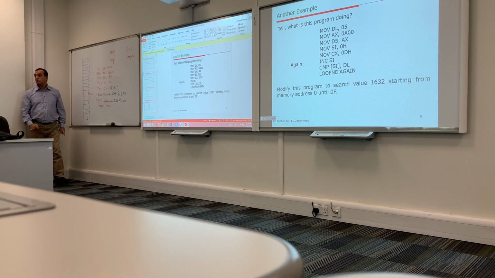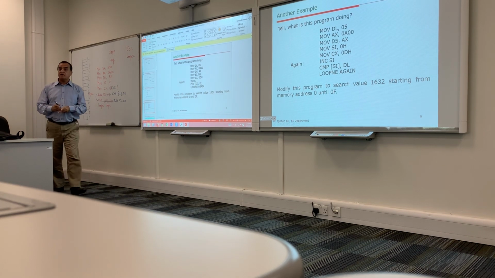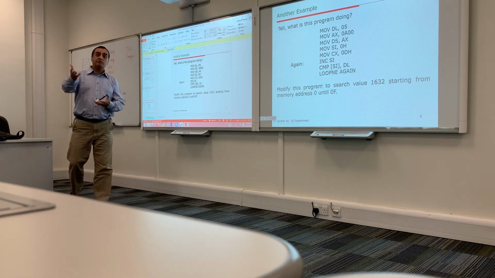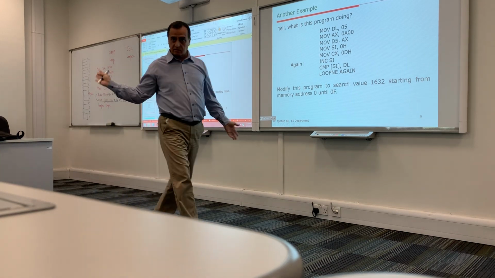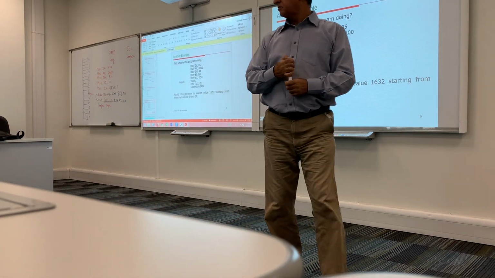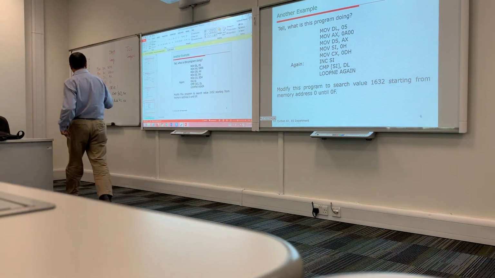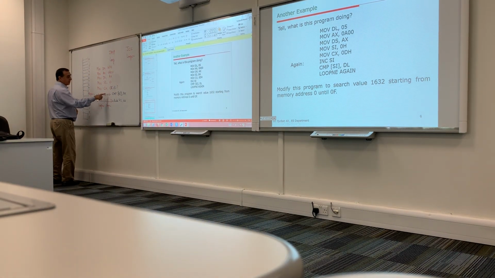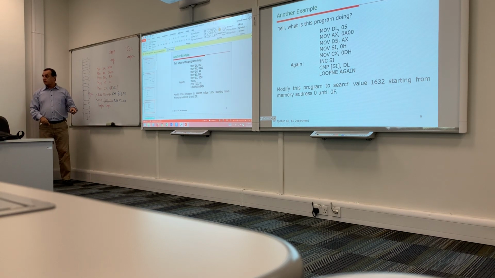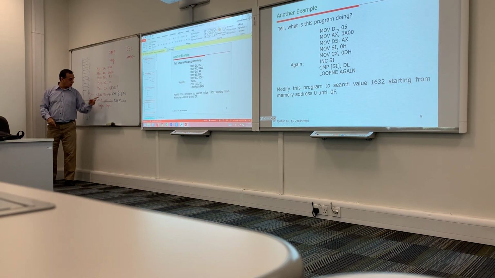Because 0 to F is a total of 16, right? I'm reading 2 bytes at a time. So how many times will I be doing it? 8 times. This is it. But I already add 2, which is the jump, right? I already did SI by 2, but what does it mean CX is equal to F? It will repeat 16 times. It is a counter. Loop is not checking whether you are doing byte or word.